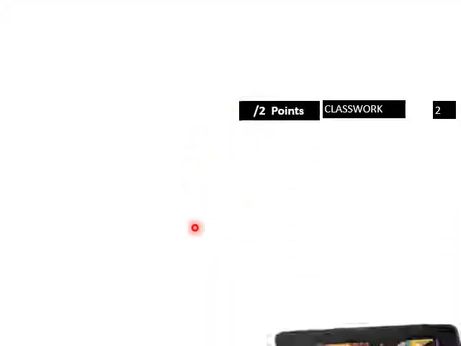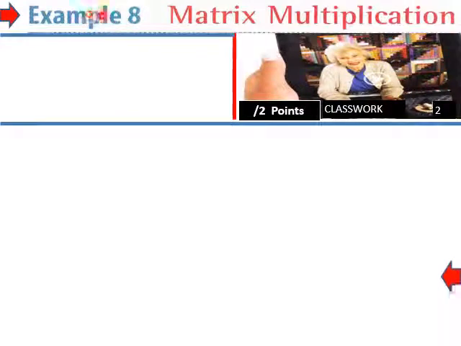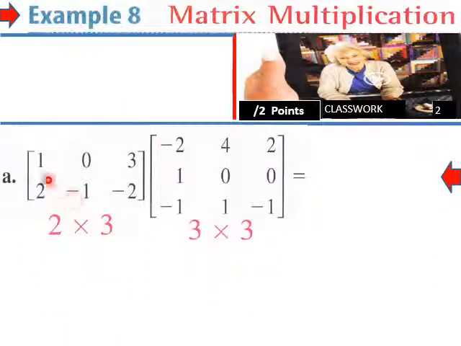Okay, so let's try a matrix multiplication here. Example 8, matrix multiplication. Here are our two matrices. We have 2 rows by 3 columns, so we have a 2 by 3. And then here we have 3 rows by 3 columns.